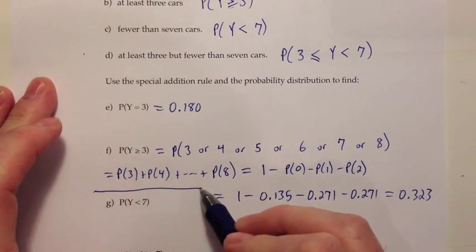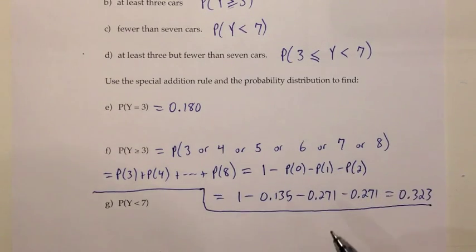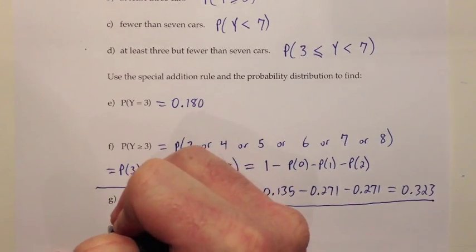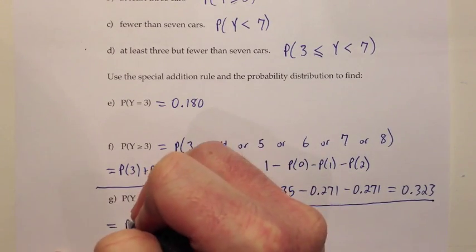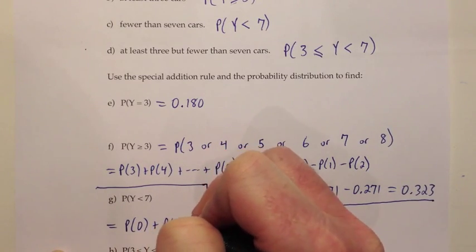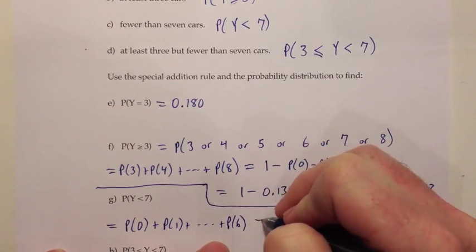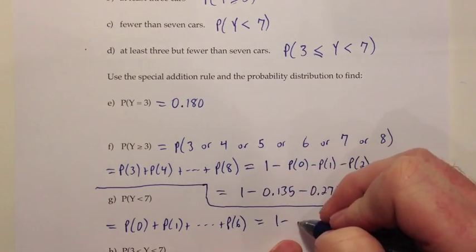Alright, let me go ahead and separate this off since we invaded the space of the next one a little bit. So what's the probability that y would be less than 7? I would use the same philosophy here and say that what they're asking me for is 0 all the way up to 6. And I could add all those together, but it'd be a little faster to subtract away the ones I don't want.